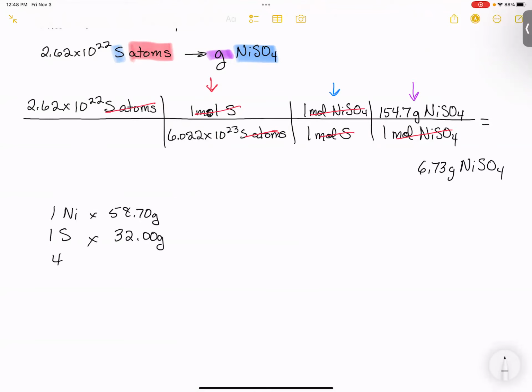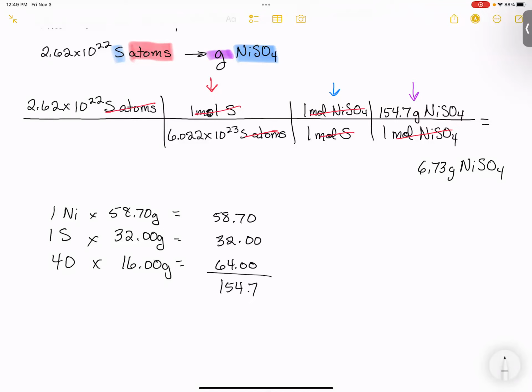And I had 4 oxygens at 16 grams each. That would be 64, 32, and 58.7, for a total of 154.7.